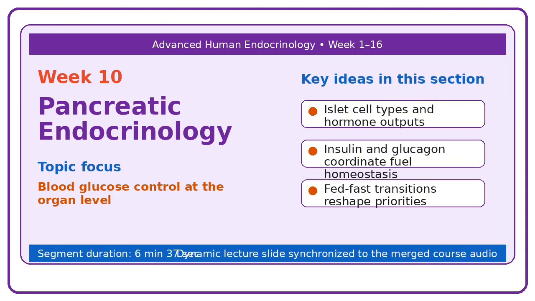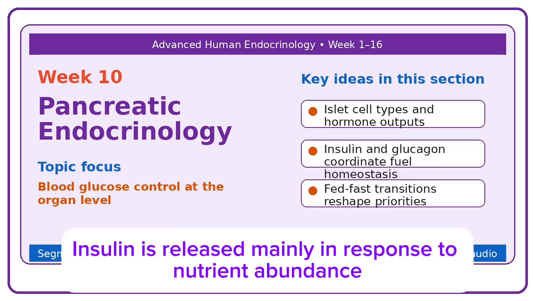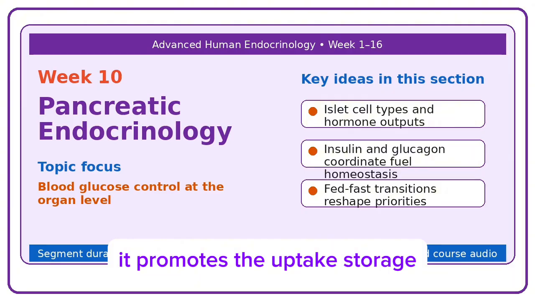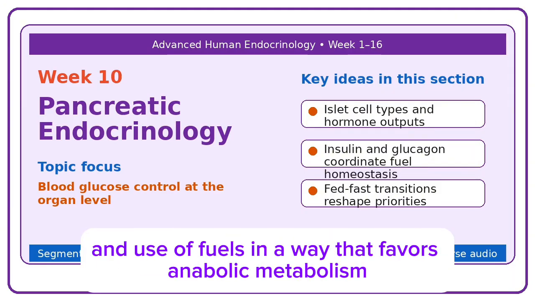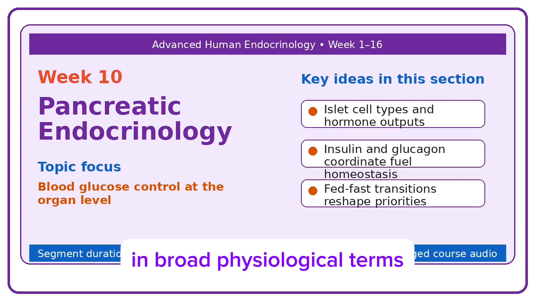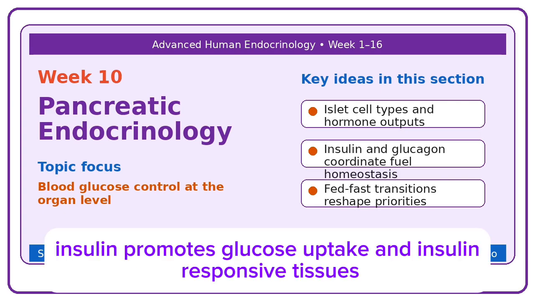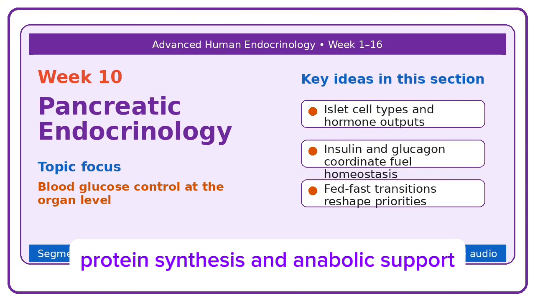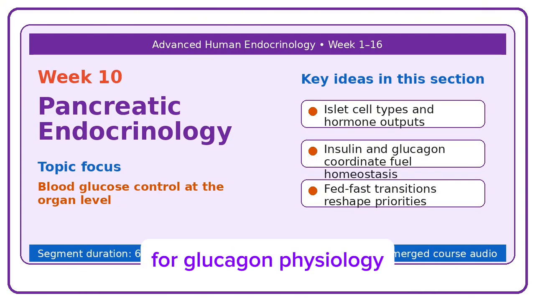3. Insulin physiology. Insulin is released mainly in response to nutrient abundance, especially rising blood glucose. It promotes the uptake, storage, and use of fuels in a way that favors anabolic metabolism. In broad physiological terms, insulin promotes glucose uptake in insulin-responsive tissues, glycogen synthesis, lipid synthesis, storage, protein synthesis, and anabolic support. 4.